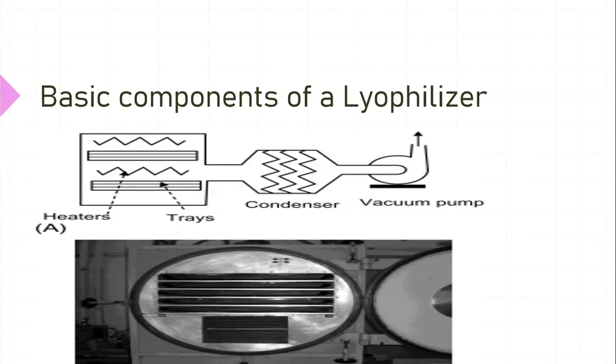The cabinet where you put your material can be the tray type, or you can directly put it in a round bottom flask and attach it to a condenser. So it depends on what type of lyophilizer you have. If it's a commercial lyophilizer, it ought to be big, and it will contain trays or something like that.